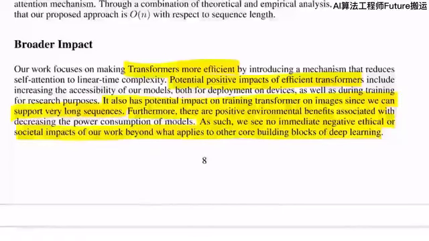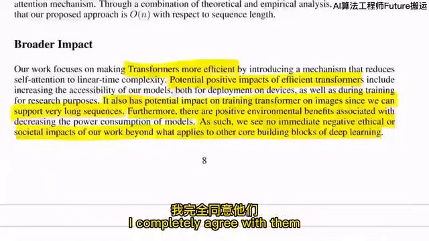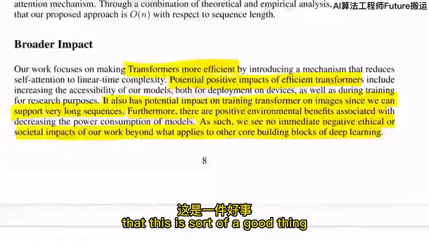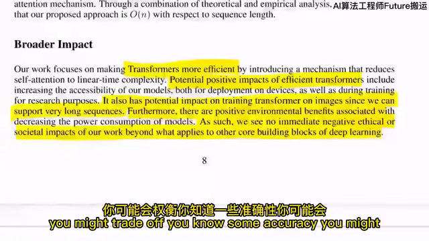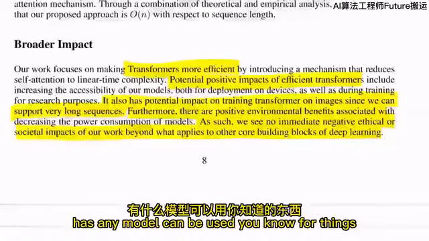Do better. Now, honestly, I agree with them, right? I completely agree with them that this is a good thing. You might trade off some accuracy, you might make some approximations, but you'll get a much faster model. And this model, as any model, can be used for things.